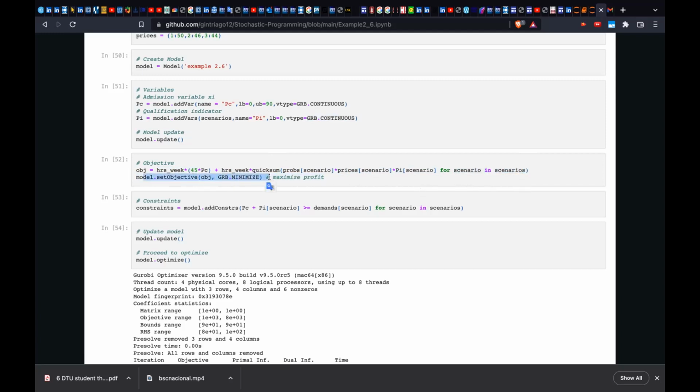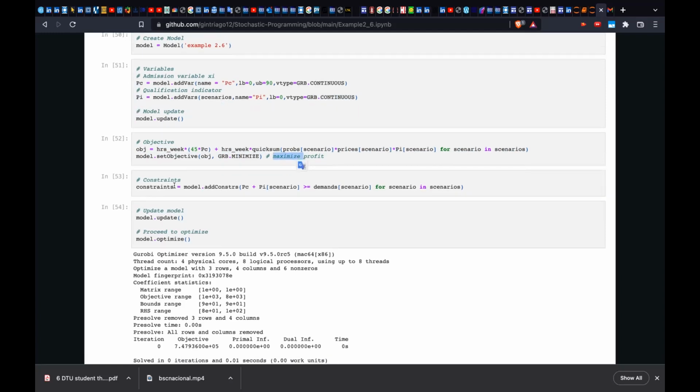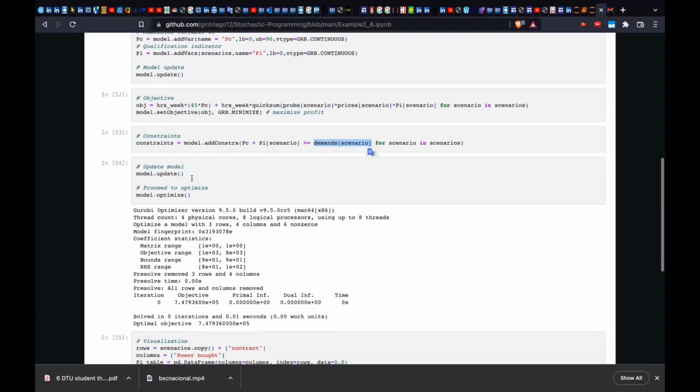I set the objective. Sorry, this is minimize, not maximize. And we set the constraints as we saw: PC plus the power of each of the scenarios has to be greater than the demand. We update the model and optimize.